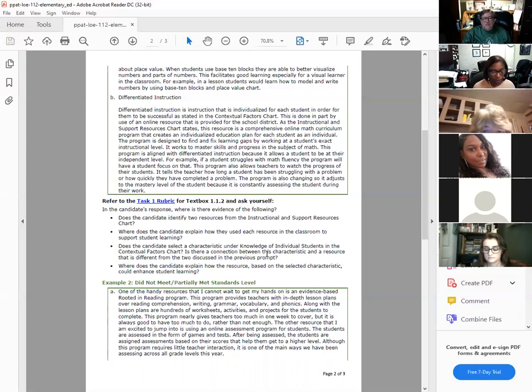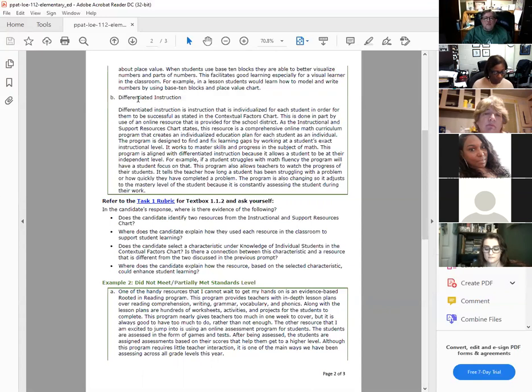That's part of the research, and it goes on with one example of using these manipulatives. It says this facilitates good learning, especially for a visual learner, a person who has to see, and also the person who has to touch, because those base 10 blocks will help the student touch and see what they are doing.